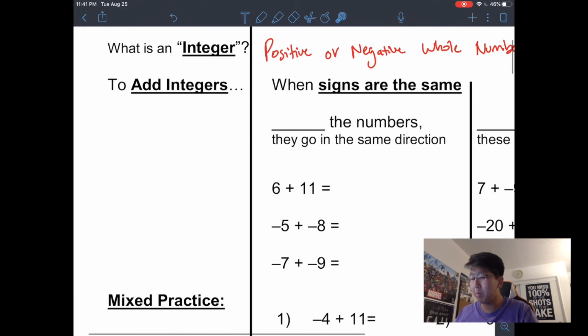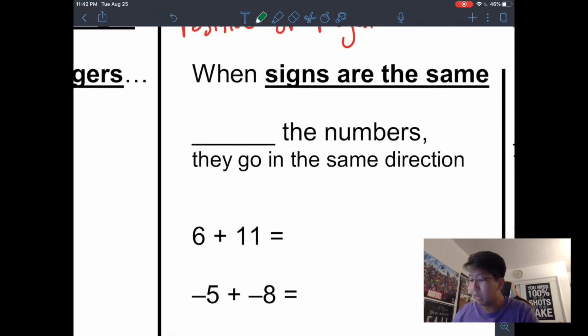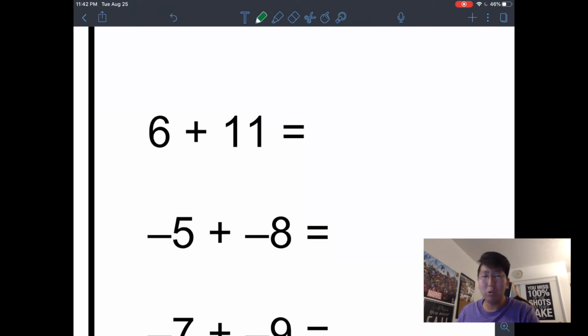Now remember, we're talking about adding integers. So when we add these whole numbers that are positive and negative integers, we're going to recognize that when the signs are the same, we are going to add the numbers because they go in the same direction. This first example, 6 plus 11, is nothing new to you. You've been doing it since first grade, second grade, third grade.